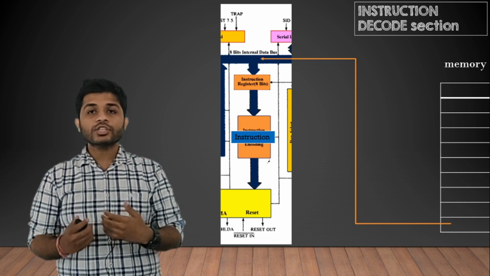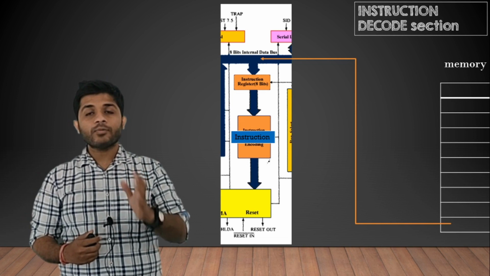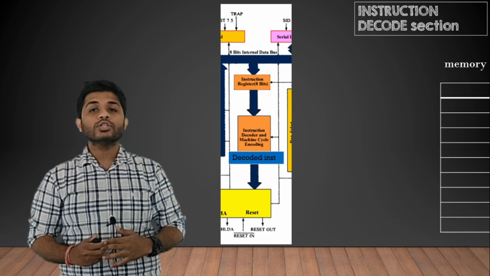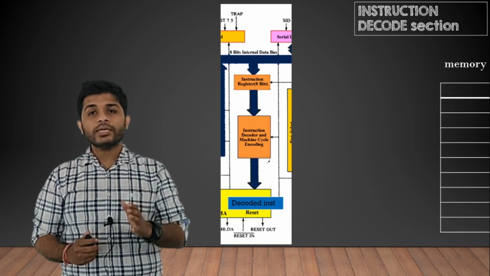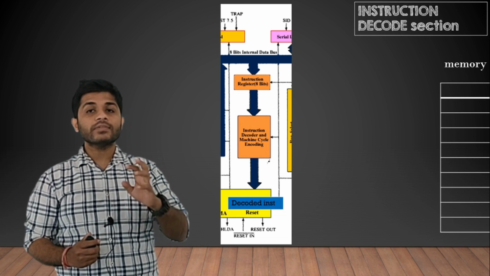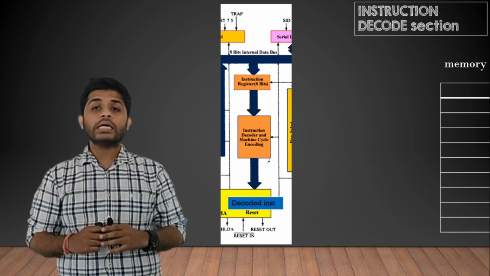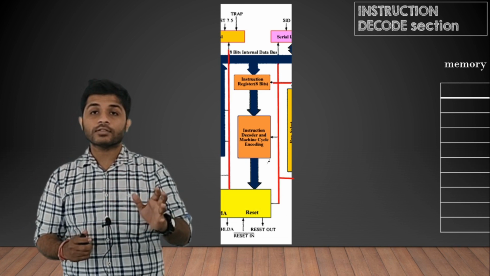After the instruction is decoded and the processor knows how many machine cycles are required, that decoded instruction will be passed to the control unit. The control unit is connected to different blocks within the microprocessor. So when the decoded instruction arrives, the control unit will send different control signals.